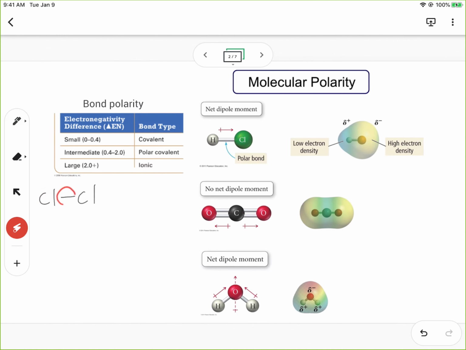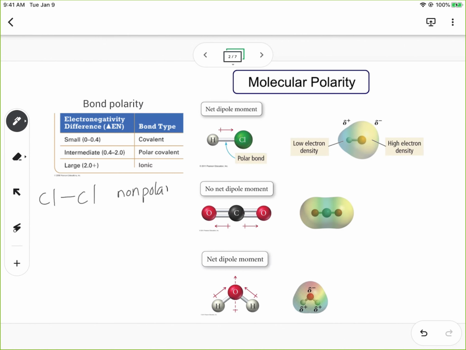The electrons between the two chlorine atoms are shared equally. So there is no positive end or negative end on this molecule. All of the electrons distribute on the surface of this molecule evenly. So it's a nonpolar bond.